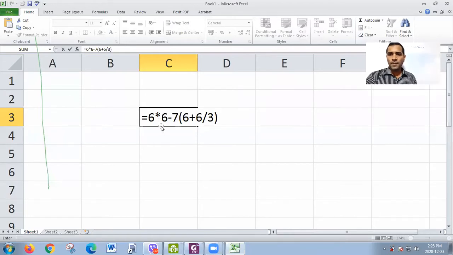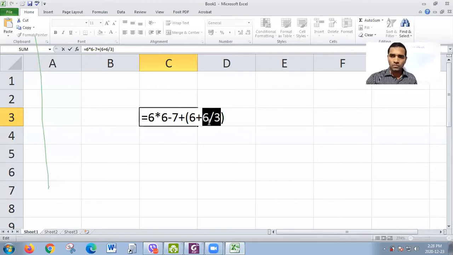Right, okay. So now we have to consider, sorry, I have a mistake there. So let me put the plus symbol there. Okay. So now we need to consider the bracket first. So within the bracket, you have two operators, plus and division, but division should be taken first.